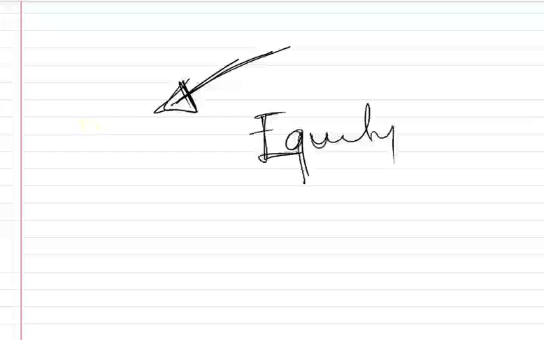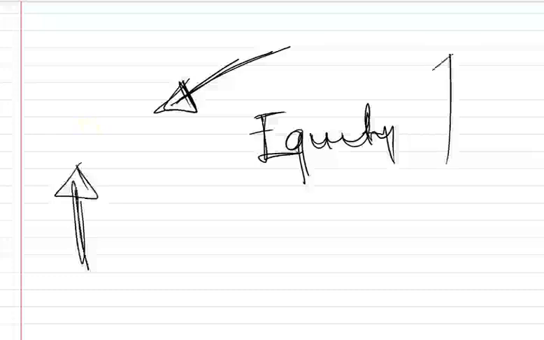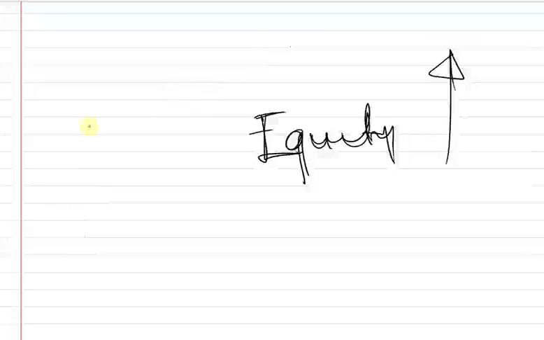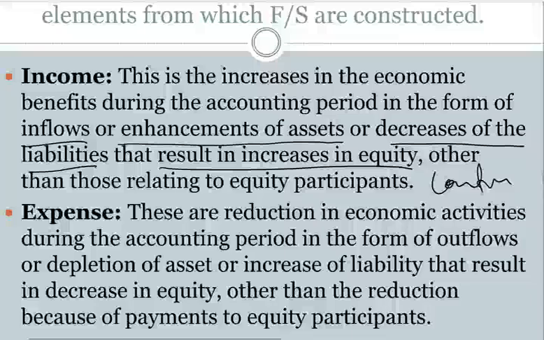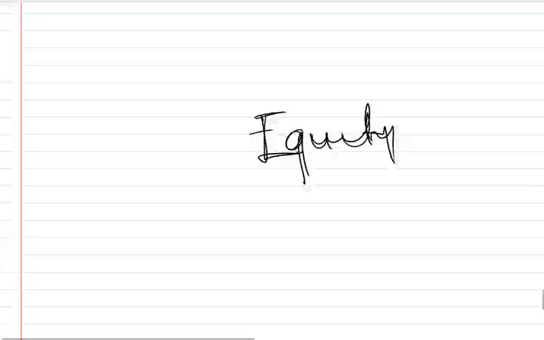For example, if I revalue an asset, right? The enhancing capacity of the asset will increase. So that one will also be an income, right? It will also increase your equity figure. But they are saying it should not include those that relate to equity participants. When we are talking about equity participants, we are talking about shareholders.